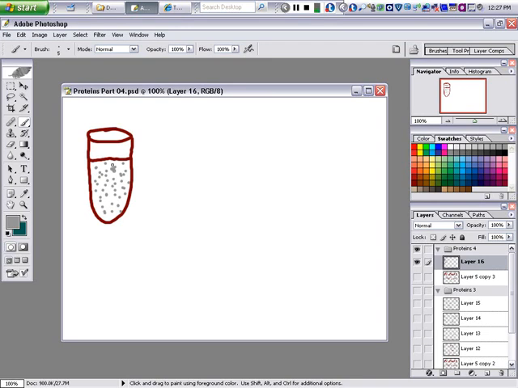It's forming a precipitate. Your proteins are going to be kind of cloudy here. And then what you'll do, you'll take a centrifuge. Everybody know what a centrifuge looks like?